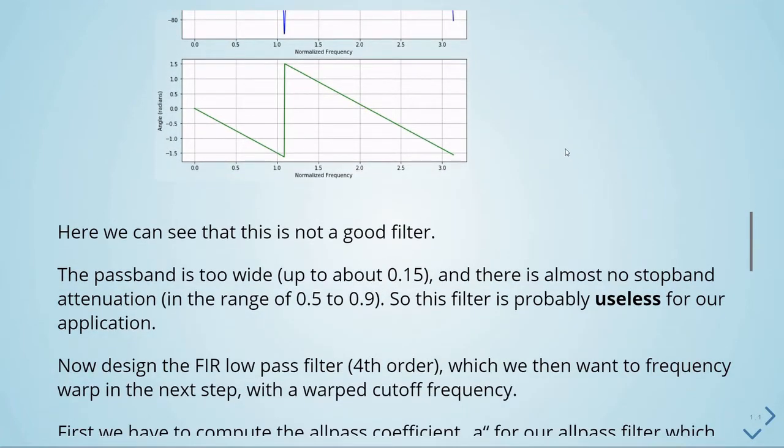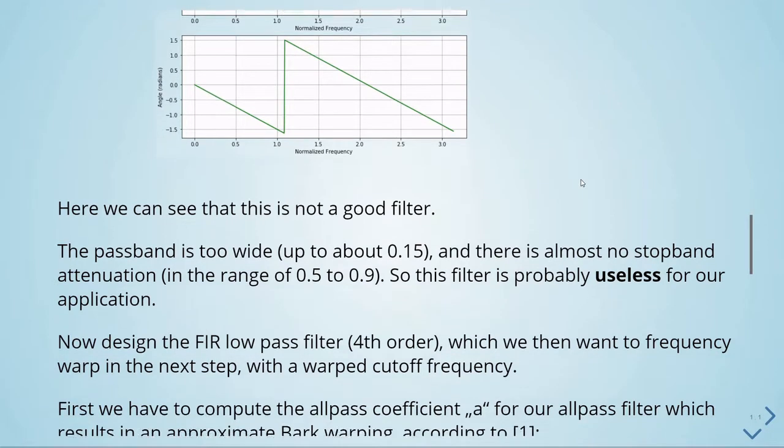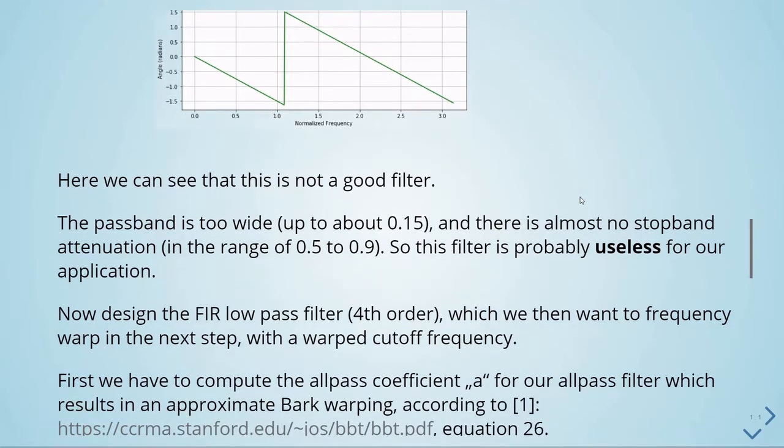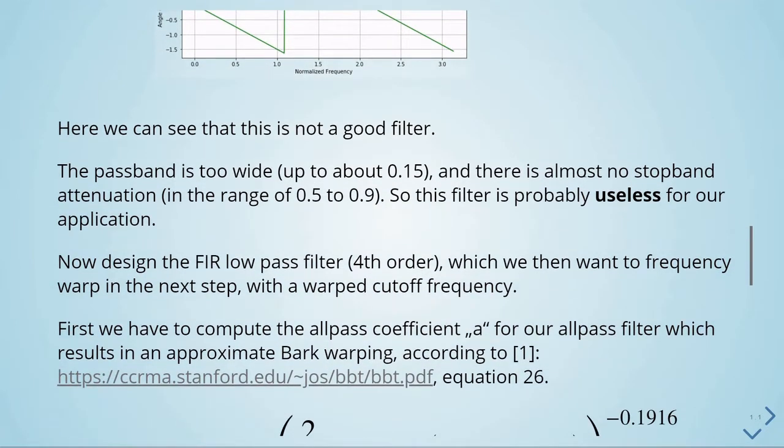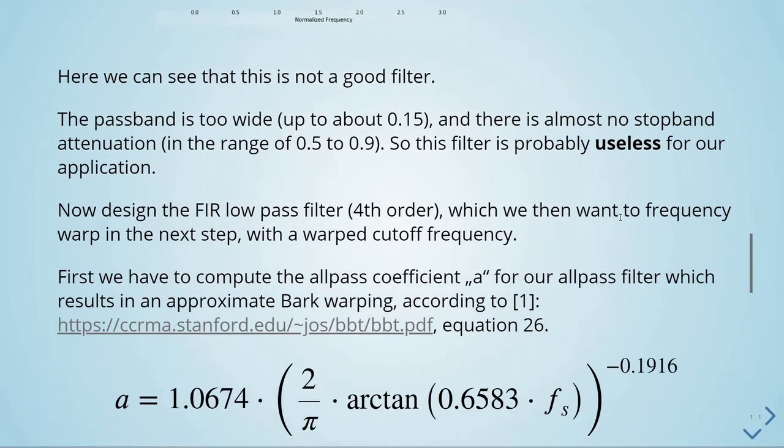So next step, we will design the FIR low-pass filter of 4th order, which we then want to frequency warp in the next step with a warped cutoff frequency. So first thing we need to do is compute the all-pass coefficient for our all-pass filter, which results in an approximate Bark warping.